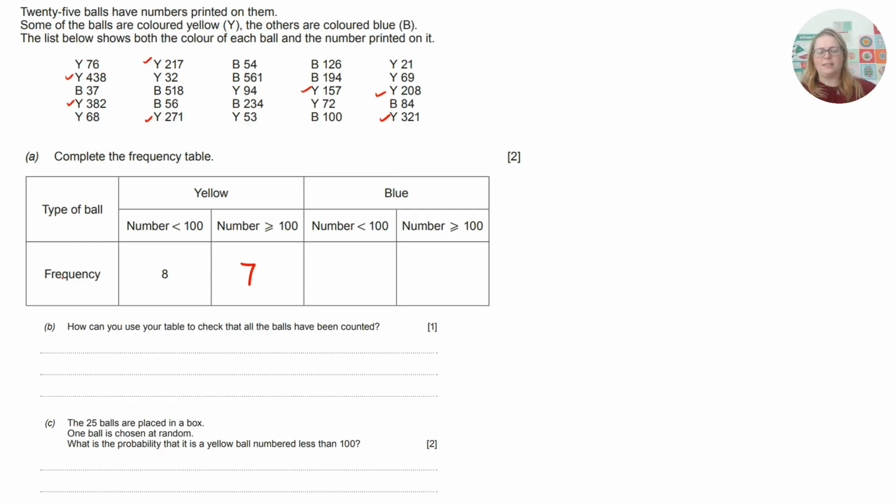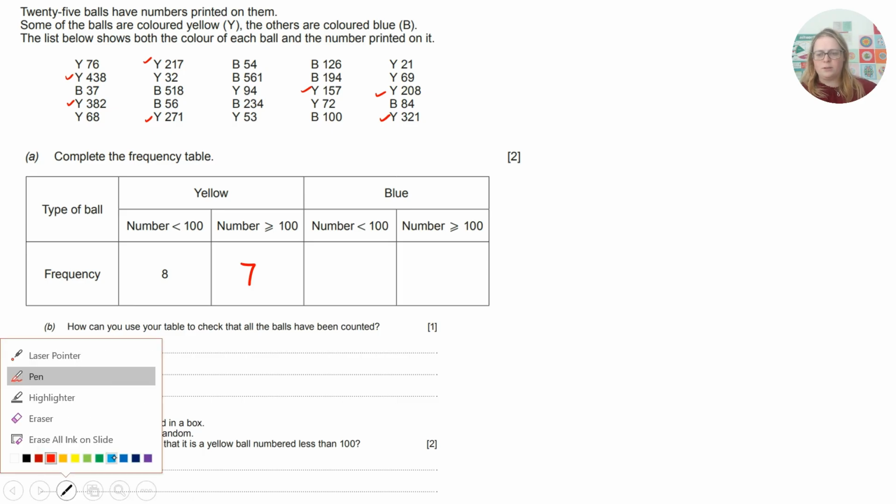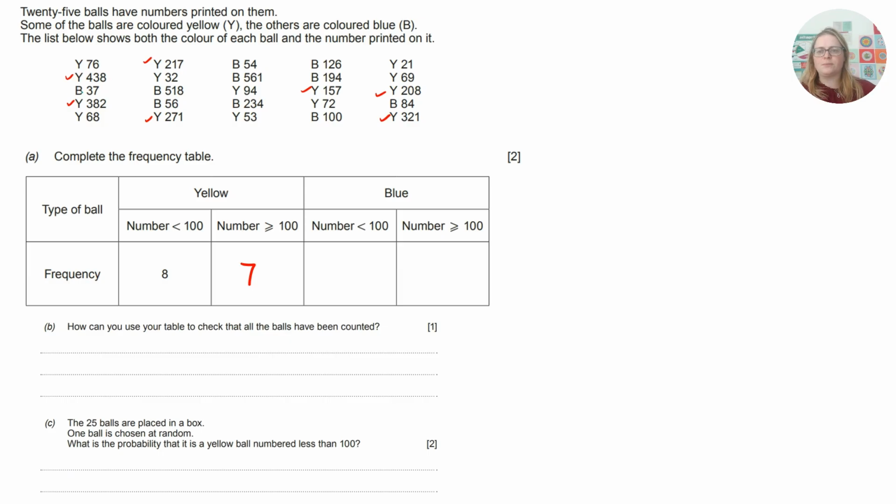Now, the next thing I need to do is look at blues. I'm going to change my colour just so I can tell the difference. So blues under 100. My first blue is there. So that's 1, 2, 3, and 4.